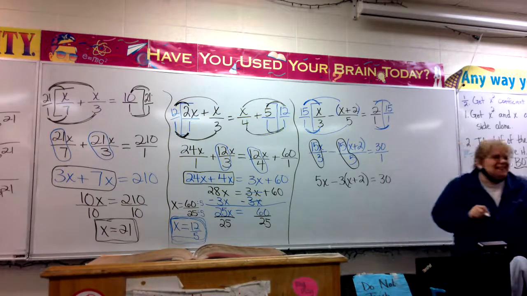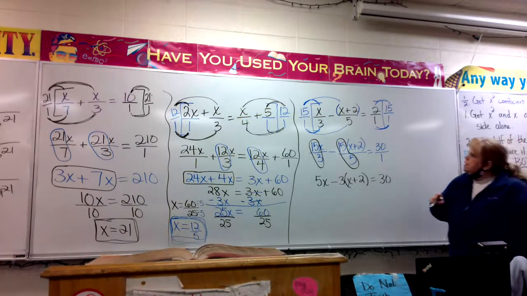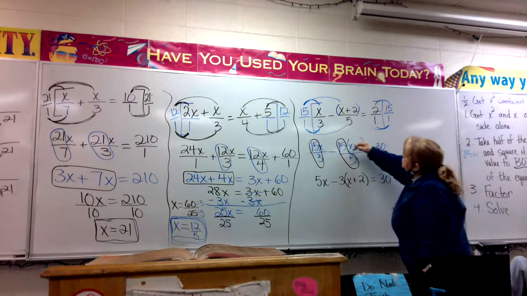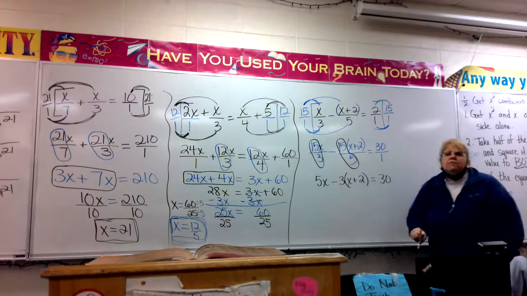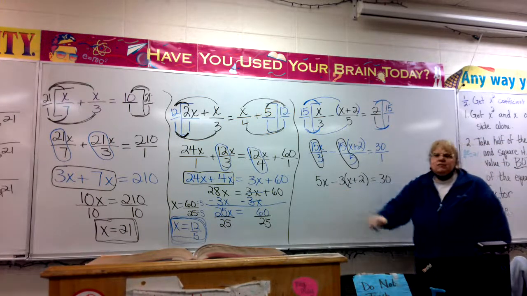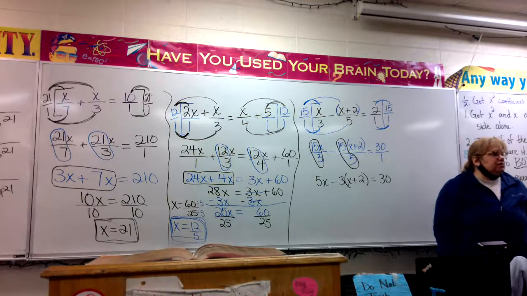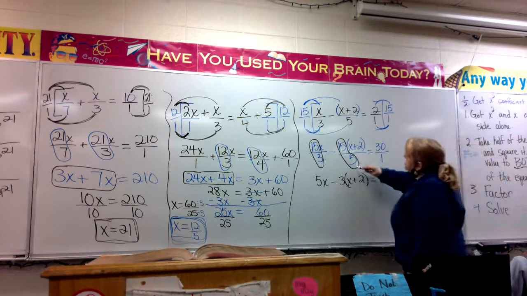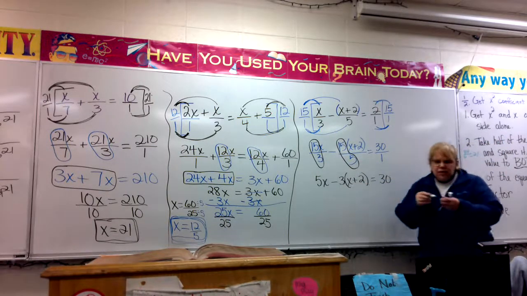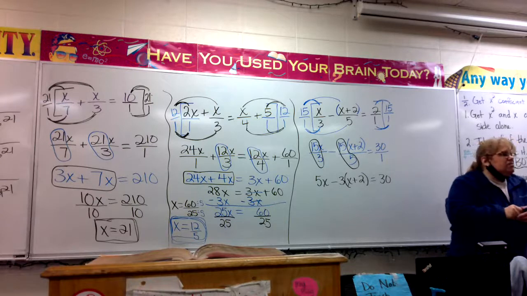Now, I would do it in this order. Don't multiply it out until you've reduced this. Especially with the minus problems, you're going to make a mistake in there if you try to multiply it out and then reduce it. So reduce it first and then multiply it out. Less chance of making a mistake.